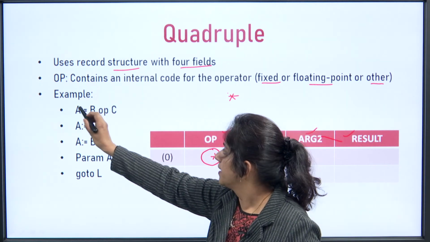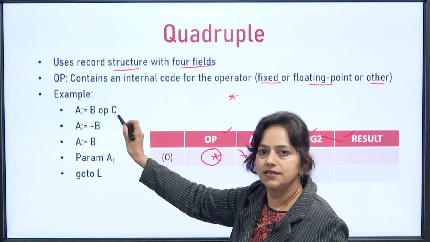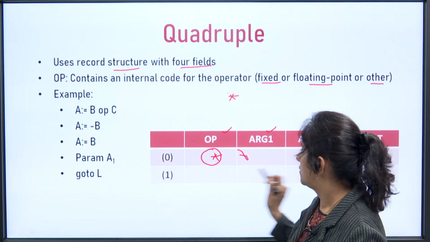Suppose we have A = B operator C. How will we fill this table?